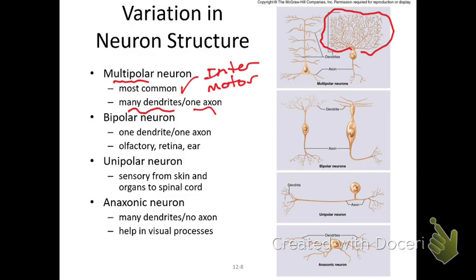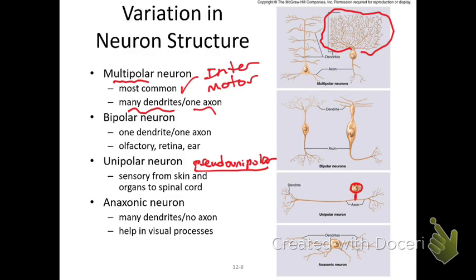Jumping down, unipolar neurons, and you may also see them called pseudounipolar, same thing. So pseudounipolar or unipolar neurons. These neurons have only one process, one pole, and you'll see them oftentimes here. Here's the soma, and here's that single process coming out of that soma.